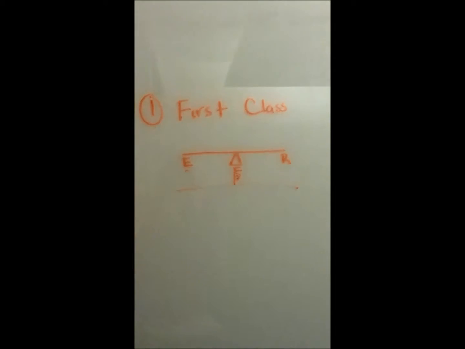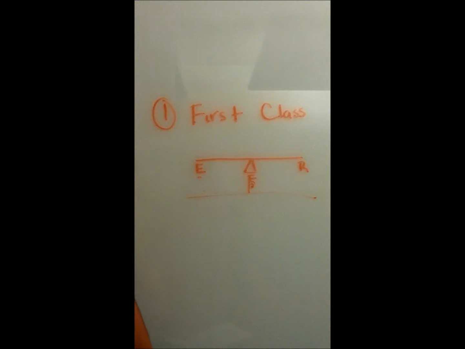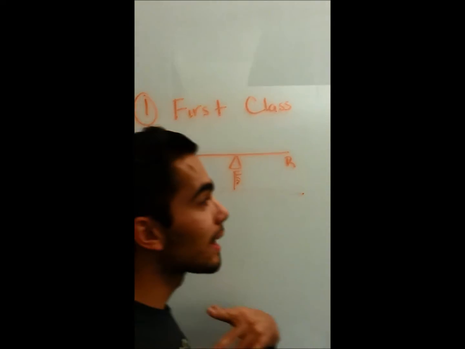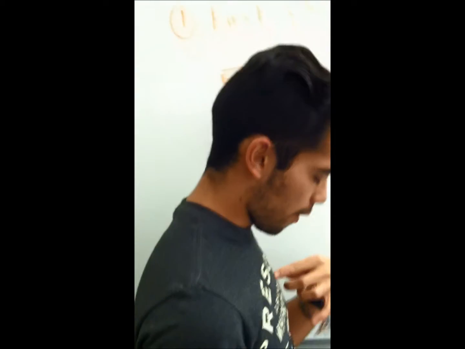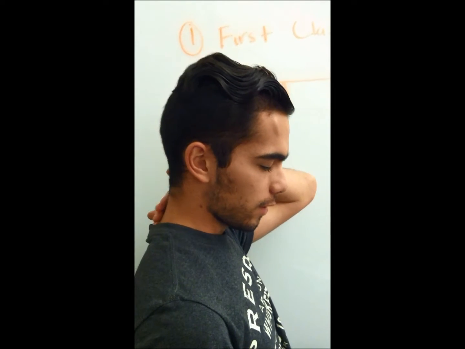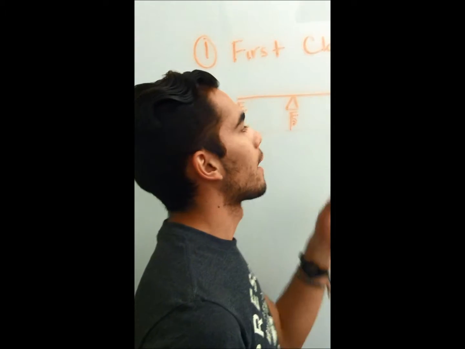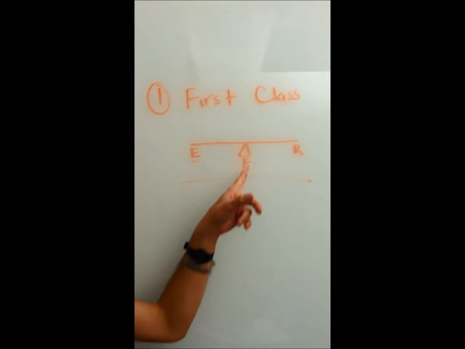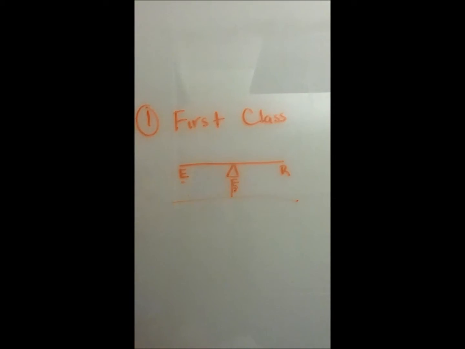This can be found in your neck. So when I'm falling asleep in class, my head tends to go forward because of the weight, but the muscles in the back of my neck tend to pull it back up. So that is the seesaw, with my fulcrum being my atlas and axis joint.